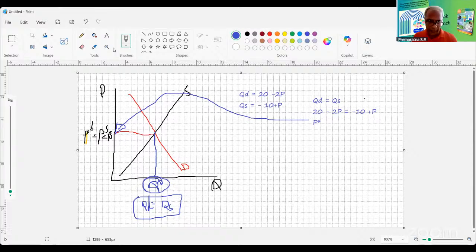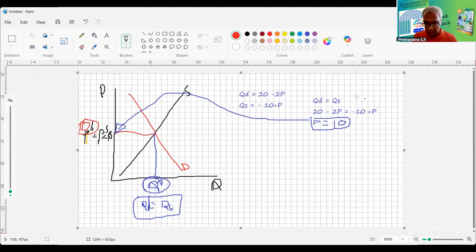In this case, P star becomes 30 = 3P, so P is 10, and that is the equilibrium price.